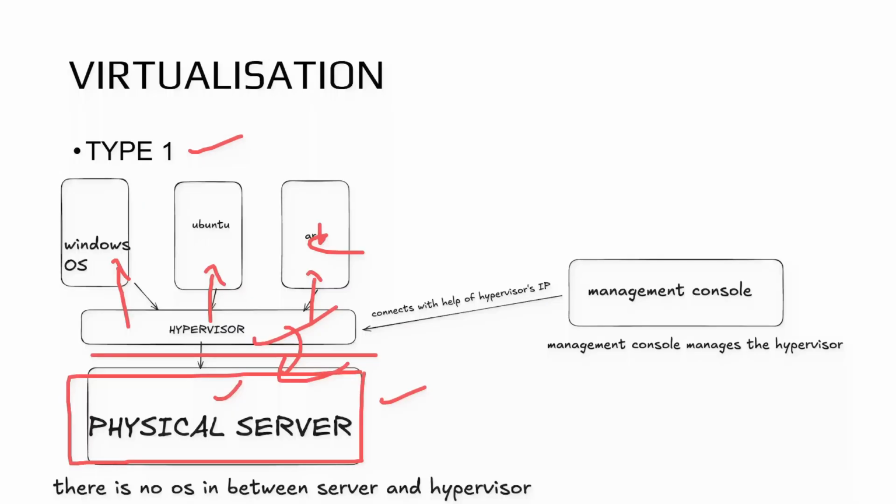So for that control, we brought in this whole new concept of virtualization, and we have two types of virtualization, type 1 and type 2. Note that if you are installing Windows OS, that means the Windows OS has its own volumes, its own kernel, and its own stuff. Similarly for Ubuntu and whatever OS you are installing.